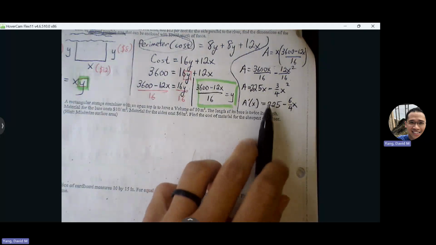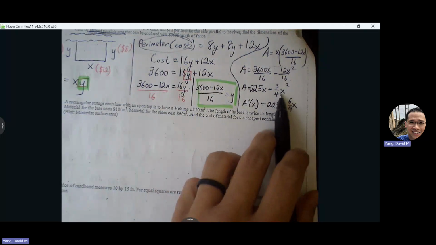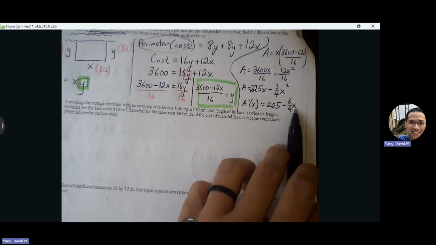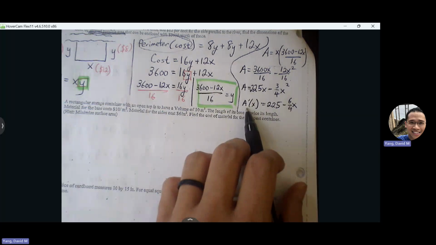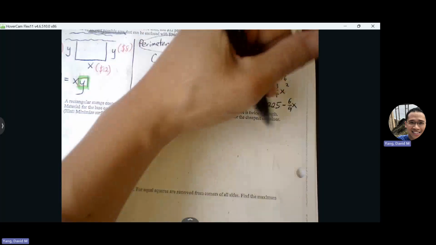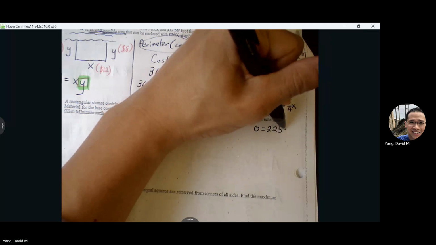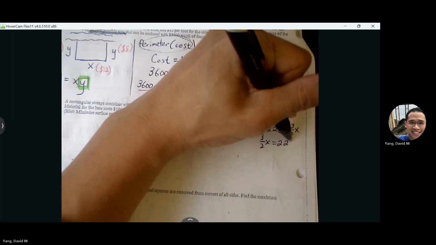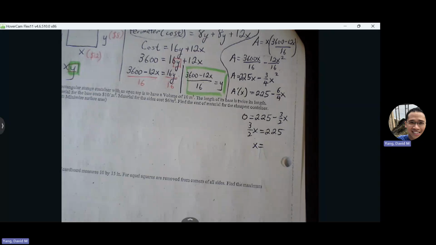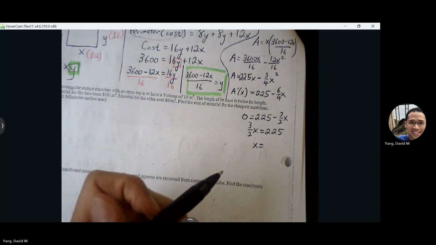So 225x becomes 225, 3/4 x squared becomes 6/4 x. Once you find your derivative, you're always going to set equal to 0. And then you're just going to solve for x. Dividing by 1.5 is the same thing as multiplying by 2/3.